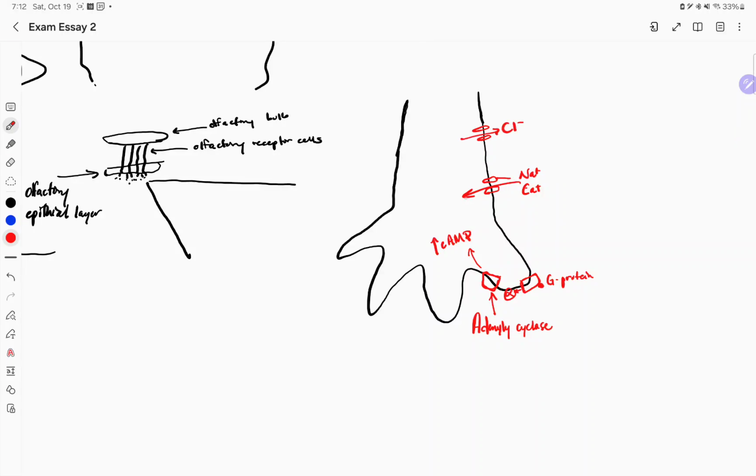So you have more positive charges coming in and a bunch of negative charges leaving, so this is going to cause an action potential, and that will depolarize the cell. Action potential will be sent through the neuron and give us our sense of smell.